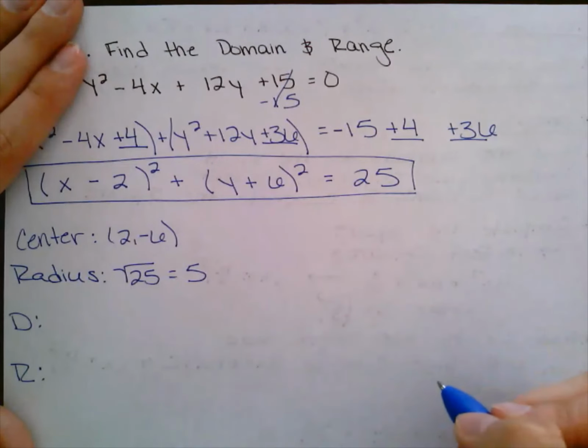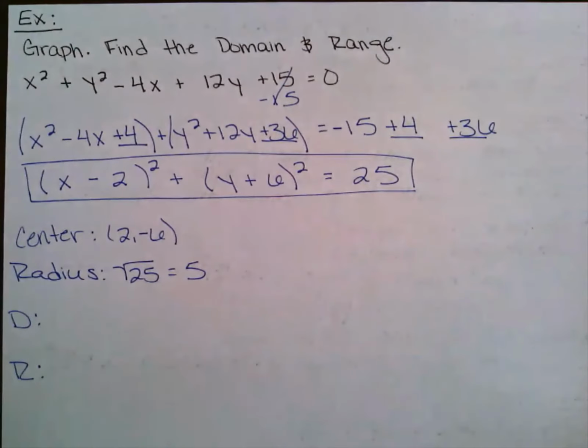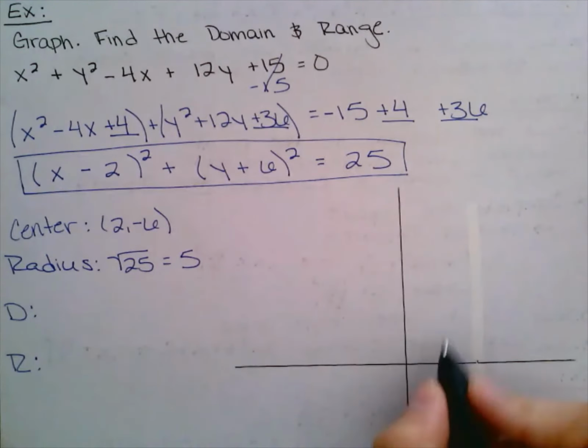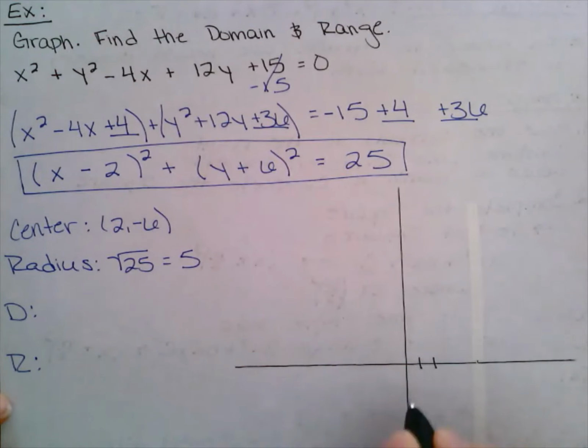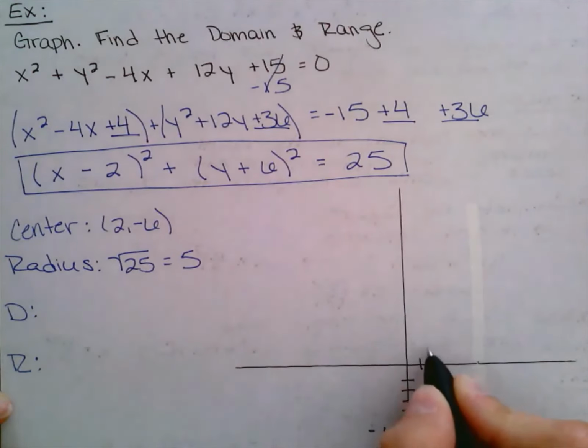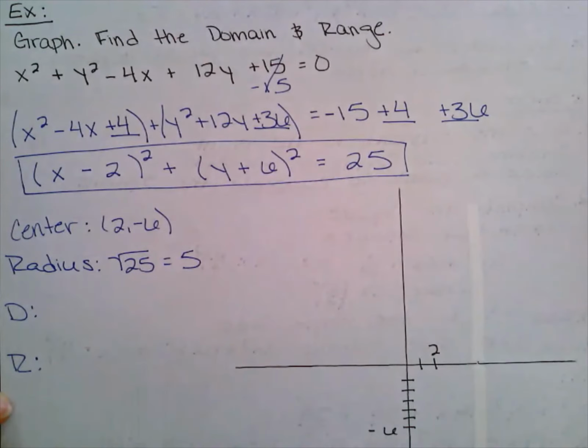Okay, so let me take a moment and put my graph really quick. So now to graph, we will put our center at 2, -6. And then we'll take our radius of 5 in every direction. And then 5 up.